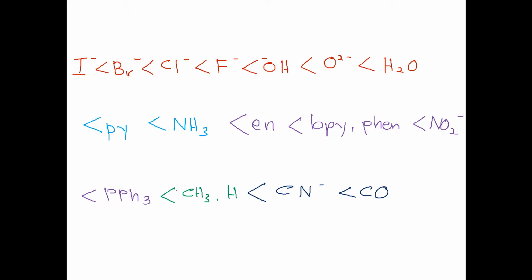So in summary, based on the spectrochemical series, we start with iodide, which is the weak field ligand, and carbonyl, which is the strong field ligand. This iodide is actually a strong pi donor.